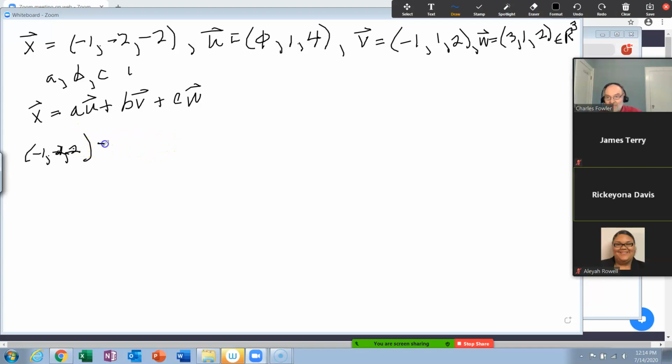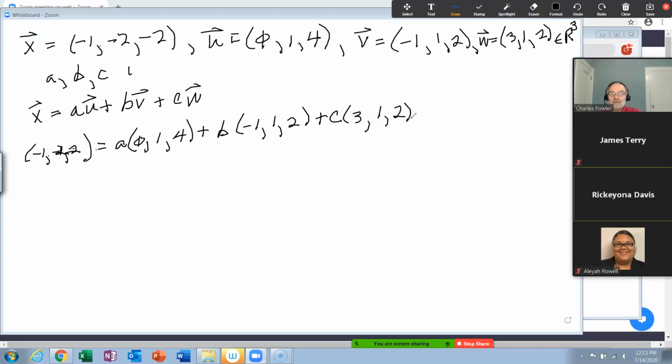And that's supposed to be equal to A times 0, 1, 4, plus B times negative 1, 1, 2, plus C times 3, 1, 2.